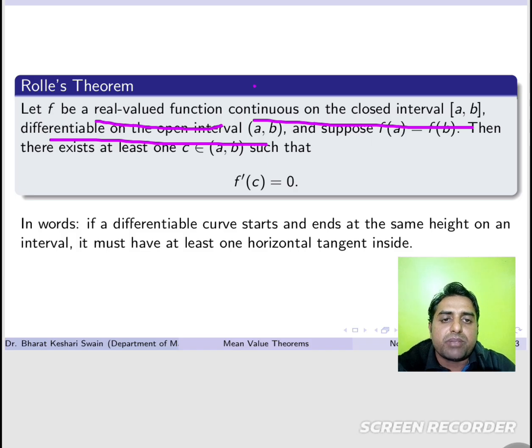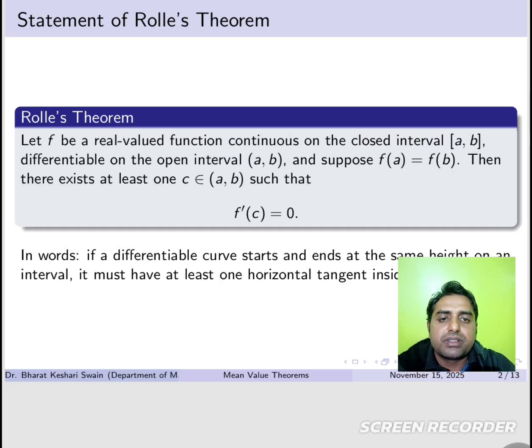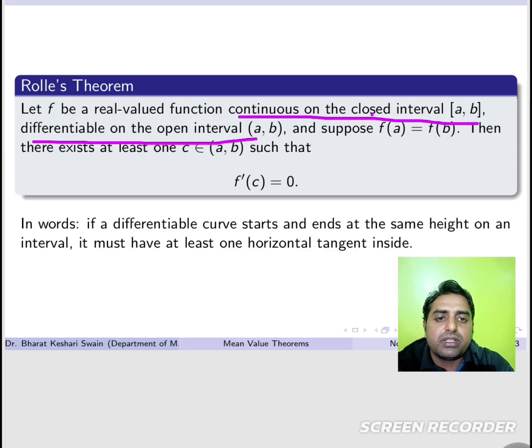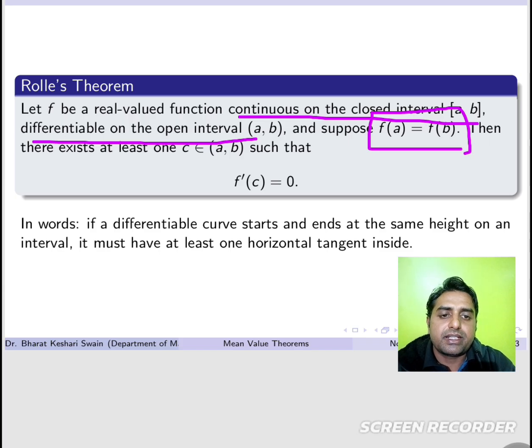And suppose f(a) equals f(b). Then there exists at least one c such that f'(c) equals 0.